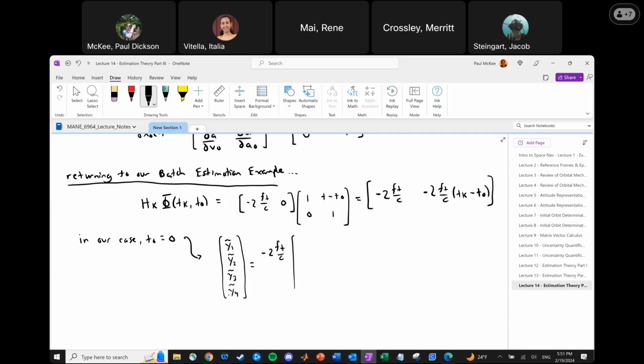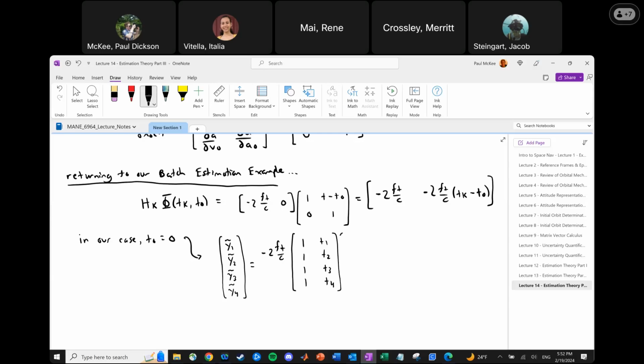And our H matrix, that looks a little bit sloppy. I'm going to try harder. Our H matrix is going to look like 1 and T1, 1 and T2, 1 and T3, 1 and T4.